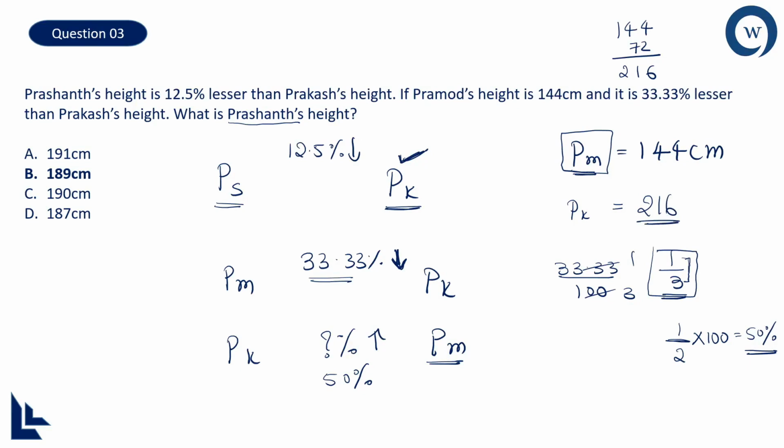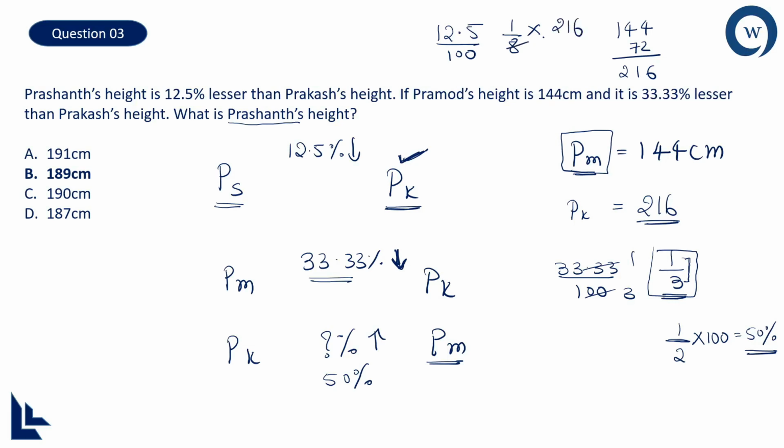And then it is given Prashant's height is 12.5 percent lesser than Prakash's height. And now you need to know what 12.5 percent means. I told you, right? 25 divided by 100 means 1 by 4, and 12.5 divided by 100 means it is definitely 1 by 8, right? So 1 by 8 of 216 is lesser.